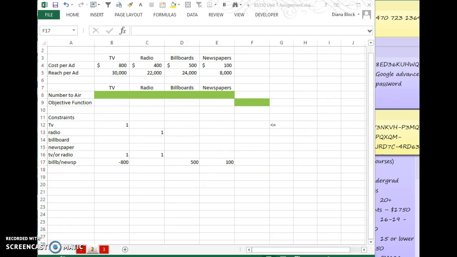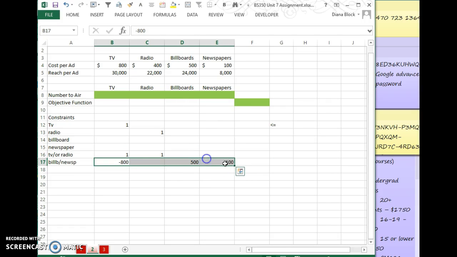If you put in a formula like that, the SUMPRODUCT is the number of TV, radio, billboards, and newspapers times the cost of these, and this TV ad amount being negative here is going to ensure that it is deducted from the amount spent on billboards and newspapers.